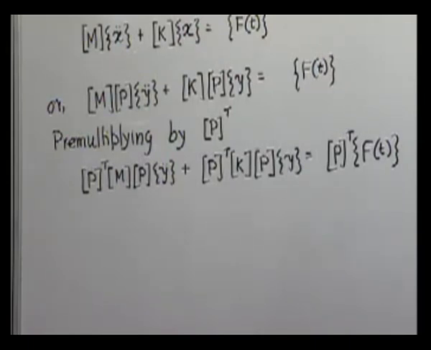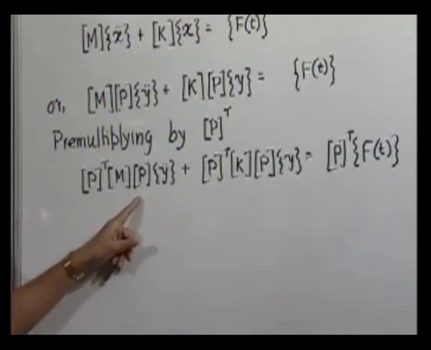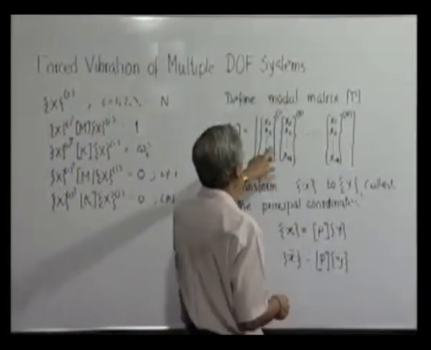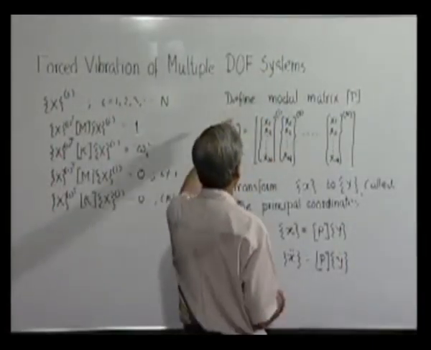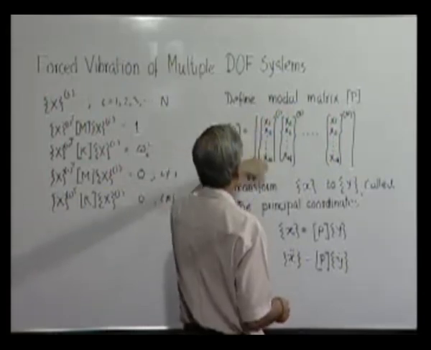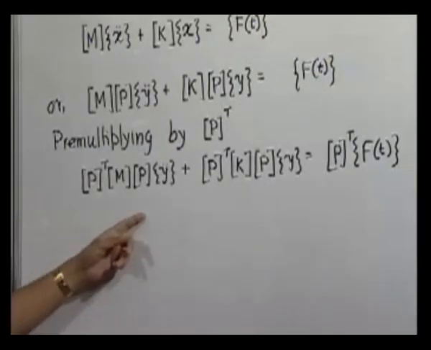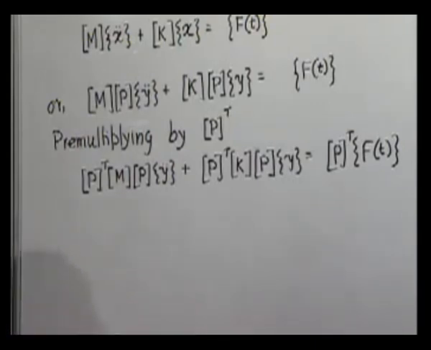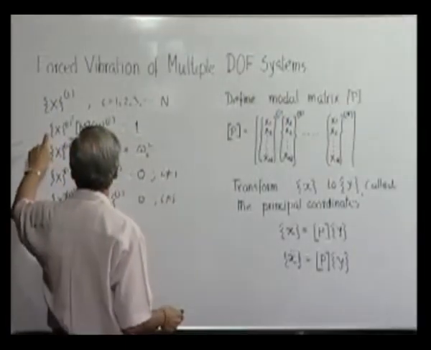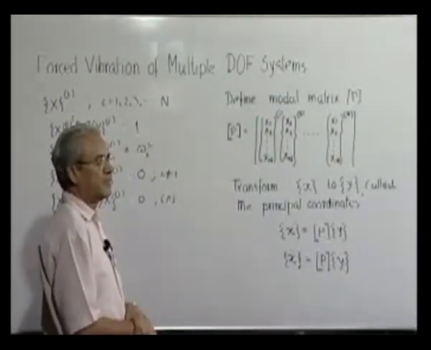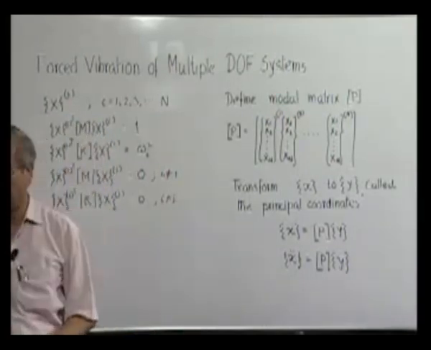Now, what will this be? If we find that the P matrix is this, then when we transpose it, the first row becomes the first column and so on. And here you will find, because of the orthogonality condition, all the cross terms will go, only the diagonal terms will remain.